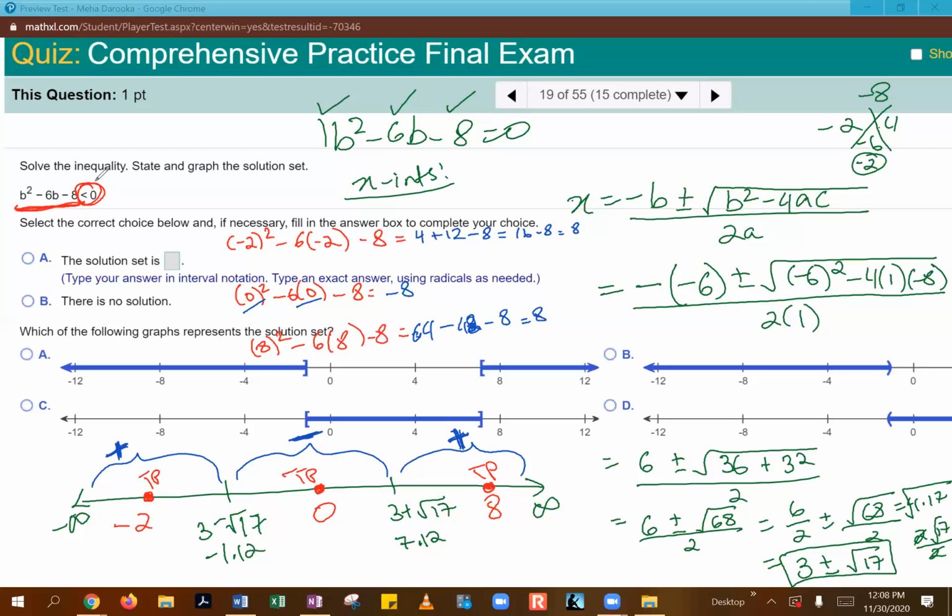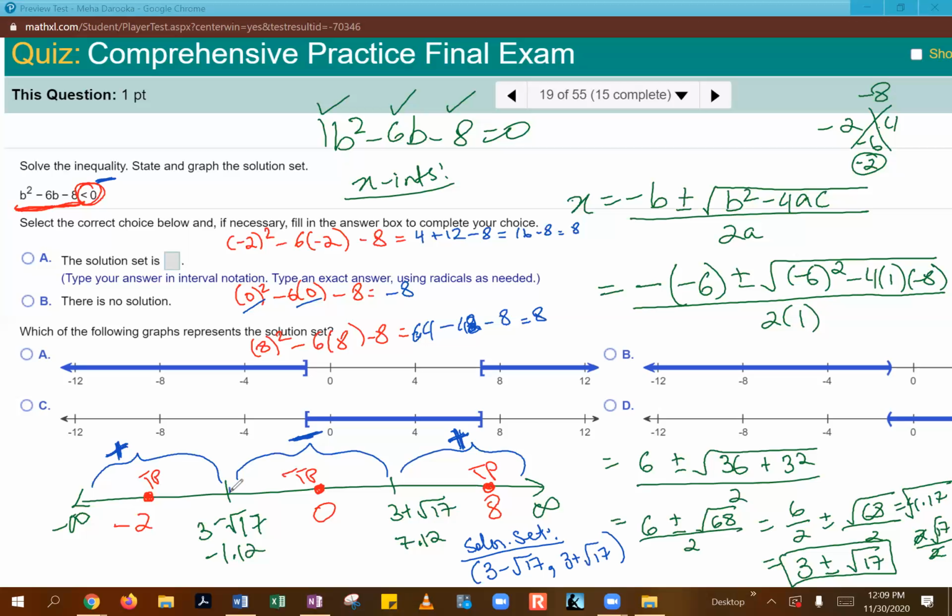So we are interested in less than, which means we were interested in negative. And for that negative, you will see it's the interval in the middle, which means your solution set is going to be between this interval. So your solution set, the way you would write this in interval notation, would be not including the endpoints, going from 3 minus square root of 17 to 3 plus square root of 17.